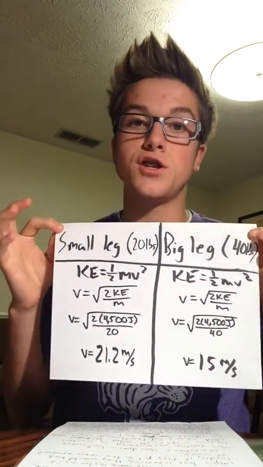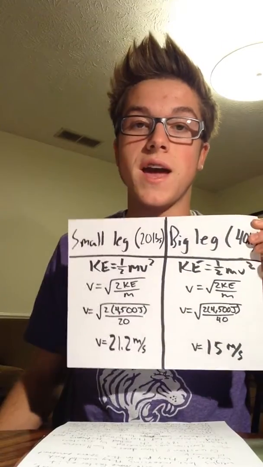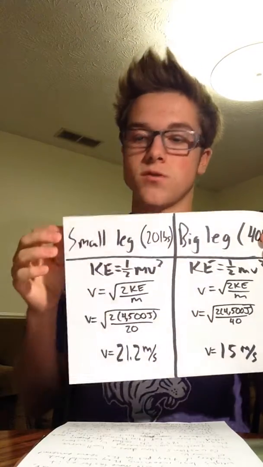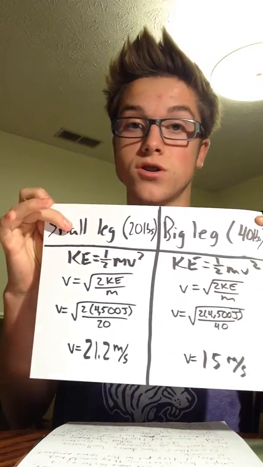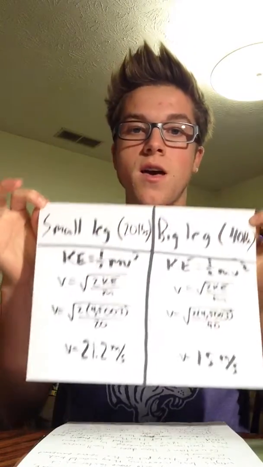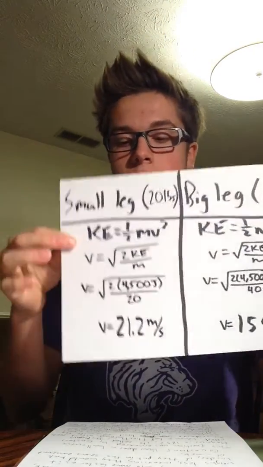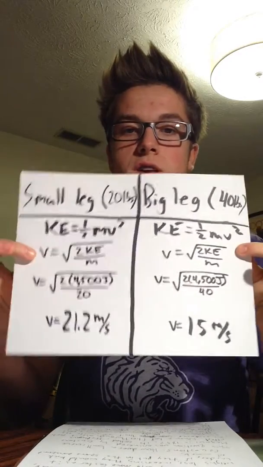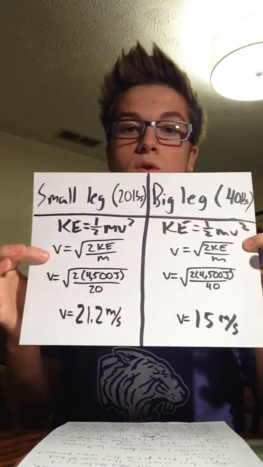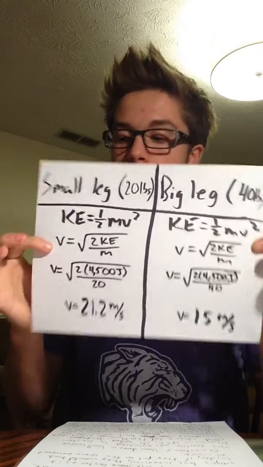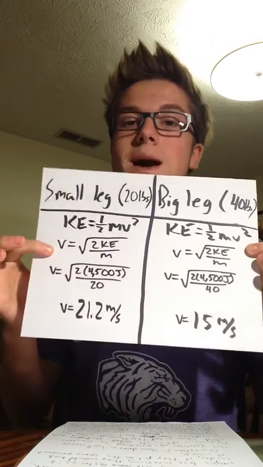For the average human, the mass of one leg is about 1/5 of the mass of the rest of his body, so I compared a 100-pound guy to a 200-pound guy, with the masses of their legs being 20 and 40 pounds respectively. Now, if we were to solve for V, we come up with the equation V equals the square root of 2 times kinetic energy over the mass.